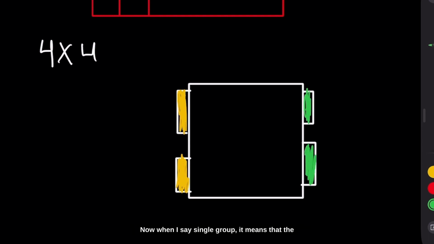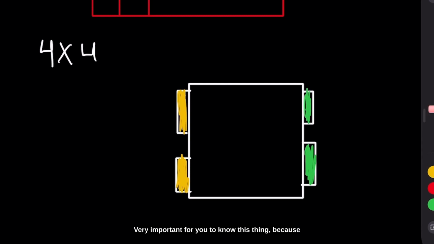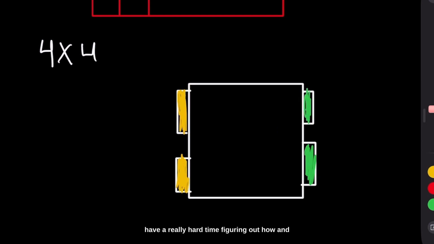When I say single group, it means that the motors are internally connected together, so that whatever direction this motor is going to go, the other motor is going to go the same direction as well. Very important for you to know this, because if you don't, you would have a really hard time figuring out how and why the robot is doing the wrong things. It's better to understand this once and for all.